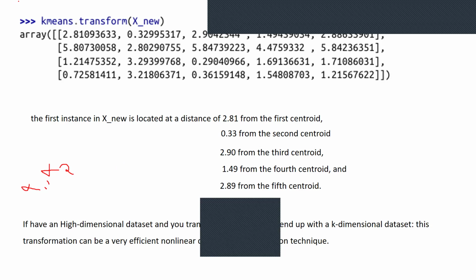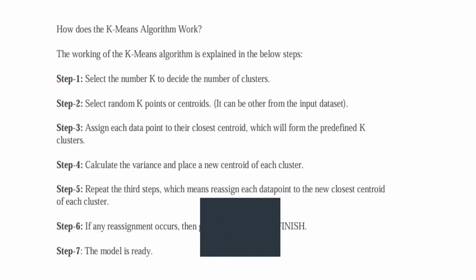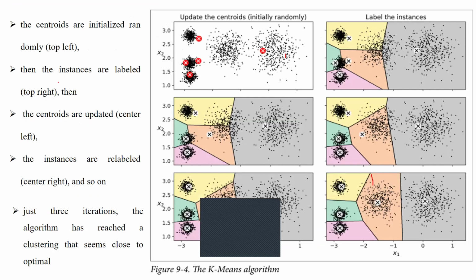As I told you, by using the transform method, you get the distance of each and every instance. Then the centroids are placed randomly, the instances are labeled by finding the nearest centroid, and the centroids are updated using the instances in that particular cluster. And again, we go back to the previous step.